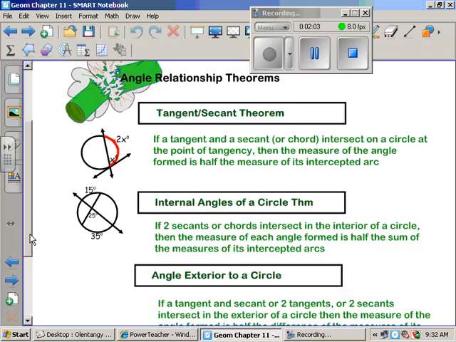Or maybe you'll get this arc and this angle, but then what kind of angles are those two? They're supplementary. They're a linear pair, right? So I could find out this angle and this arc, and that would help me find out that arc. Because the angles inside the circle are equal to half the measure of the sum of those two arcs.